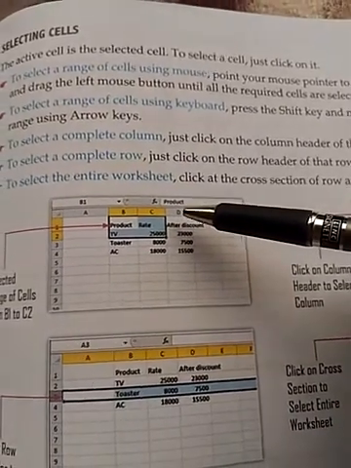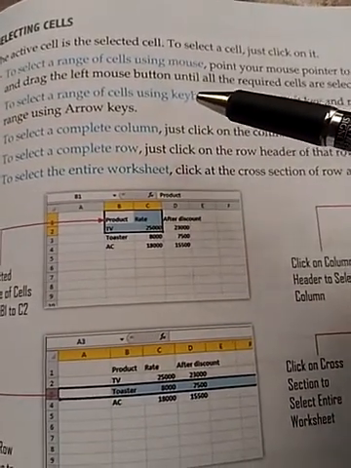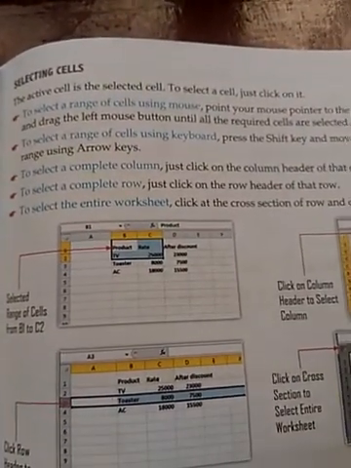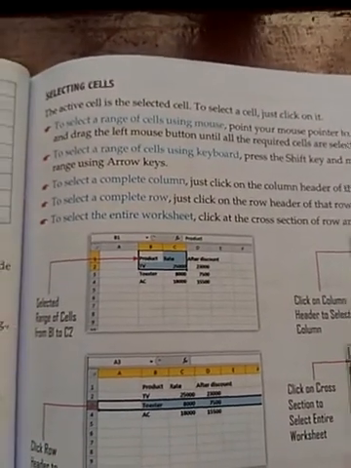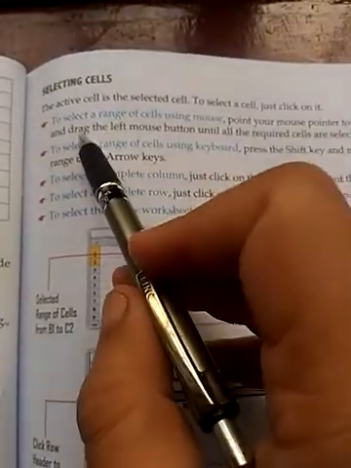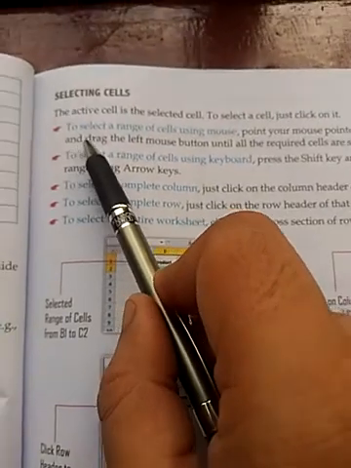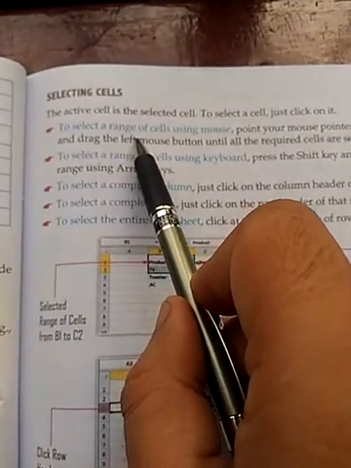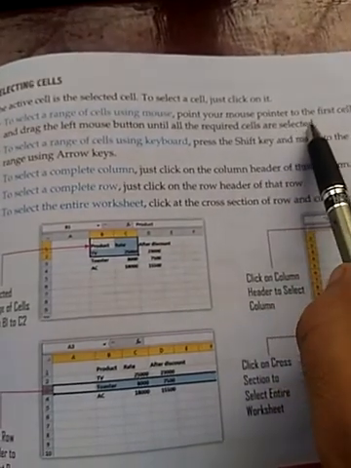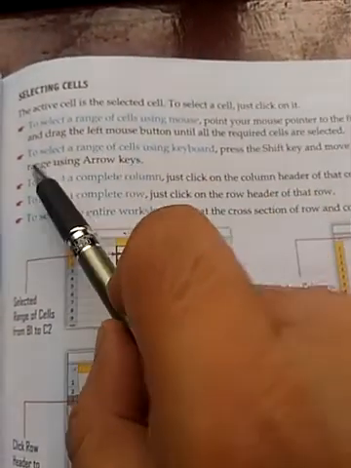In this way you can select the cell range. There are different ways to select cells also. To select a range of cells using the mouse, first place the mouse pointer on the first cell and drag your mouse.